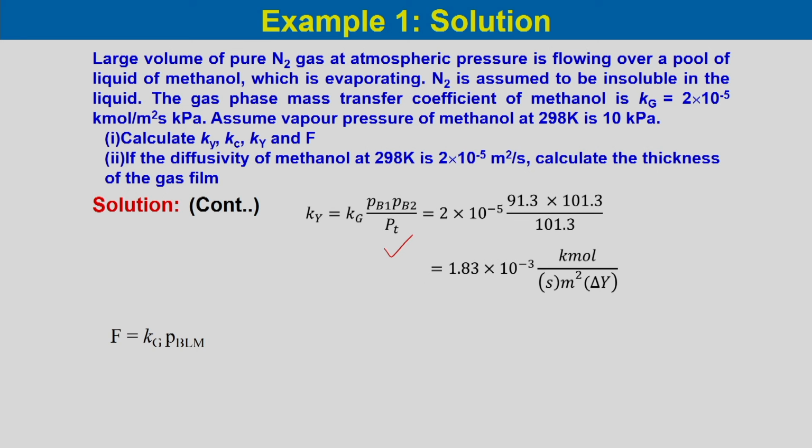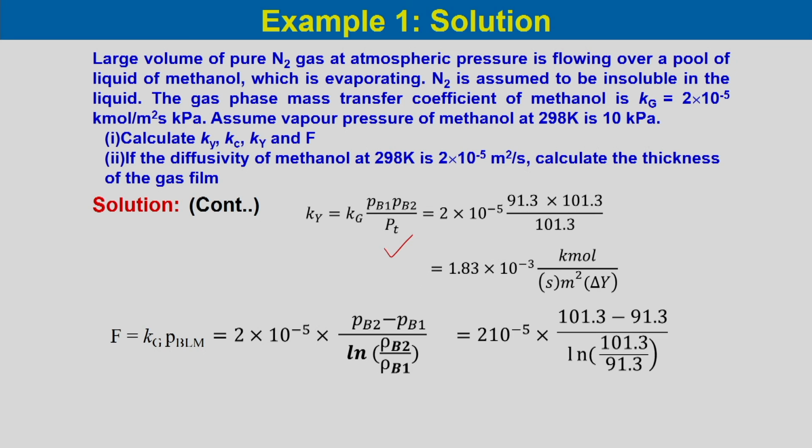F is equal to Kg PBLM. If we substitute, we can calculate PBLM, and then it would be equal to 2 into 10 to the power minus 5 times PBLM, and it is 1.92 into 10 to the power minus 3 kilomole per meter square second.